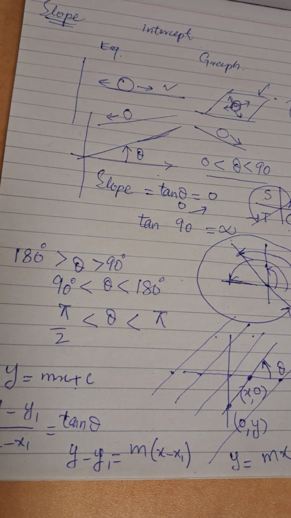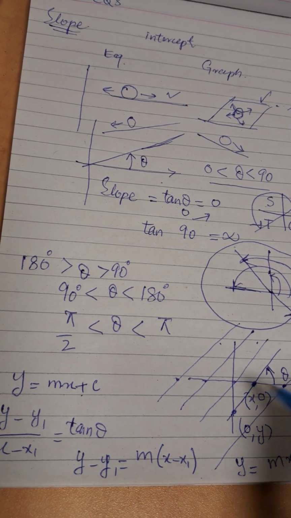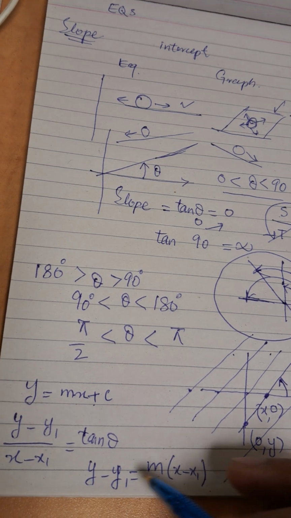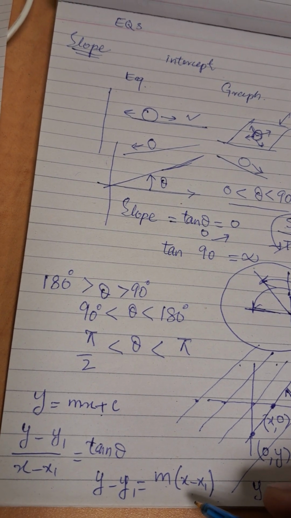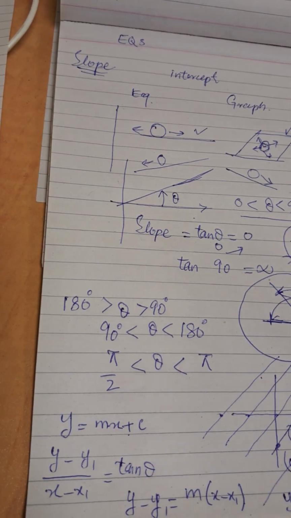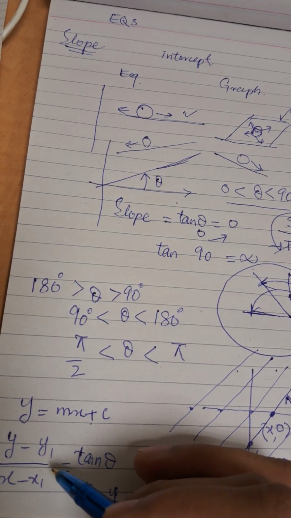But if we write the same equation in terms of the 2 points, it is called something different from this one. It is written in a different way because we are considering 2 points. In this one we are considering just 1 point.